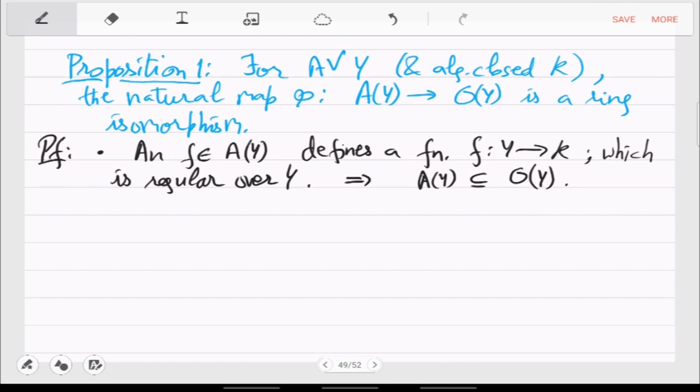Now, why is the converse true? Why do you not have something else other than AY?